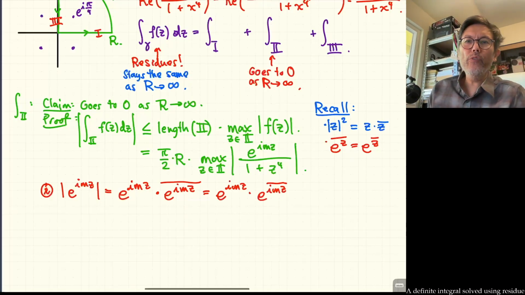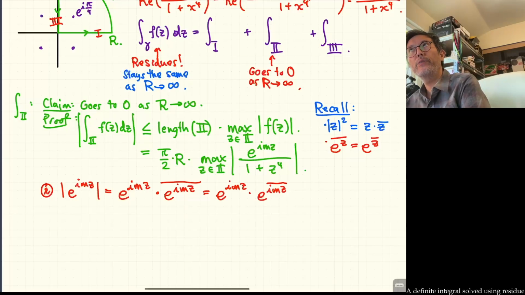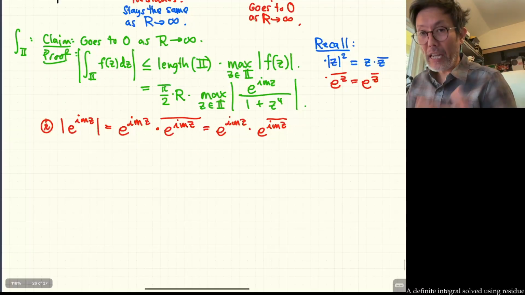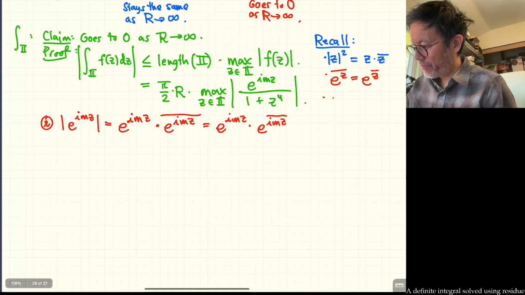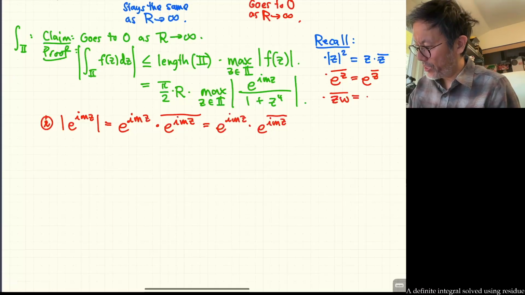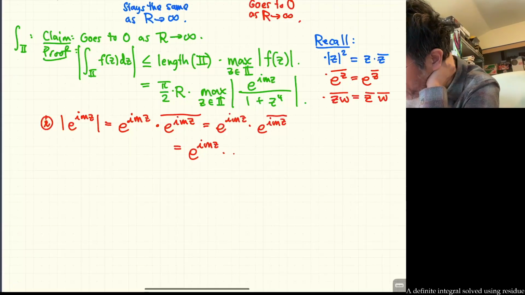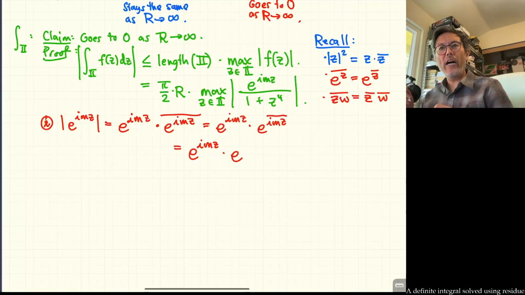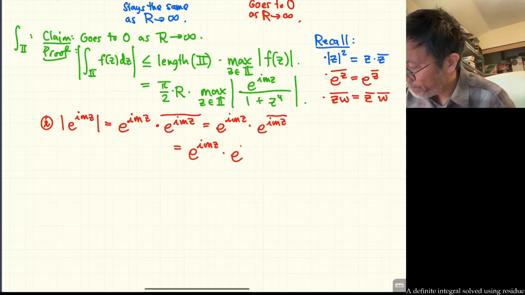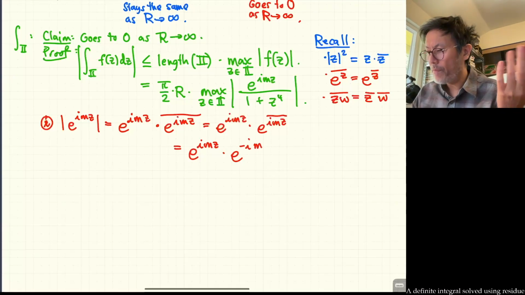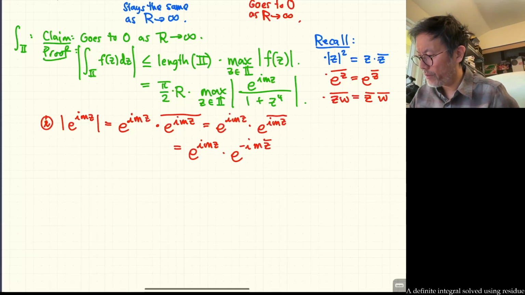And the way you should prove that fact is by using the Taylor series for e to the z. All right? So if you believe that, and you know that the complex conjugate of a product is the product of complex conjugates, then you know that this is equal to e to the imz times e to the conjugate of i, which is negative i, the conjugate of m, which is real, so it's its own conjugate, and the conjugate of z, which is z bar.